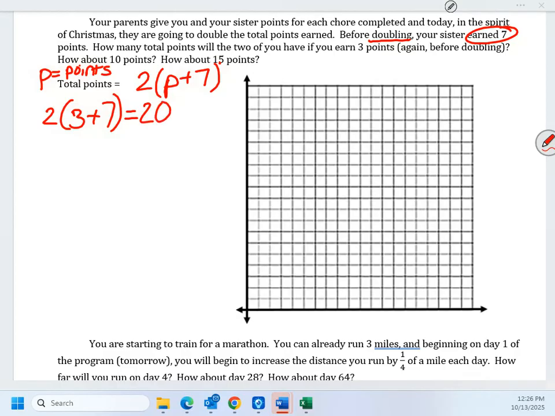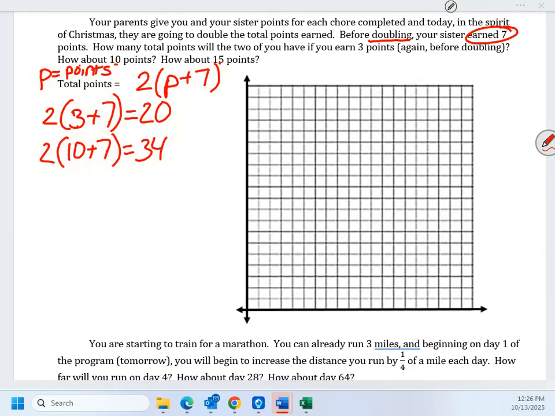Because 3 plus 7 is 10, times 2 is 20. Now we're going to put in 10 points. 2 times 10 plus 7 equals what? Joe? 34. Because we have 10 plus 7 is 17, times 2 is 34.